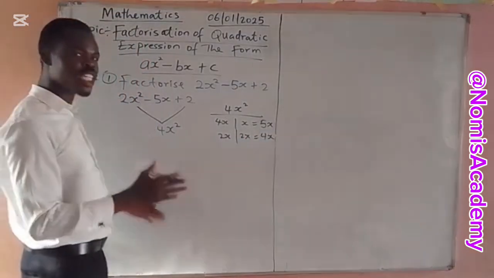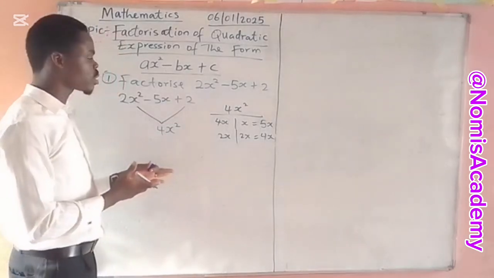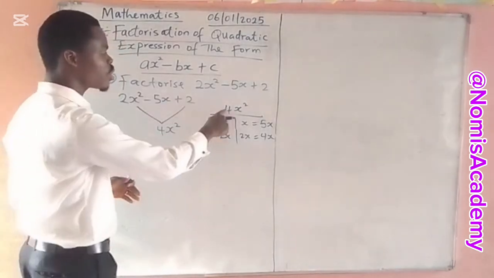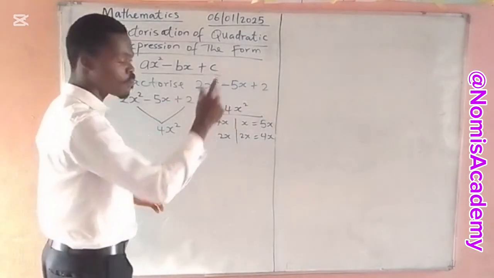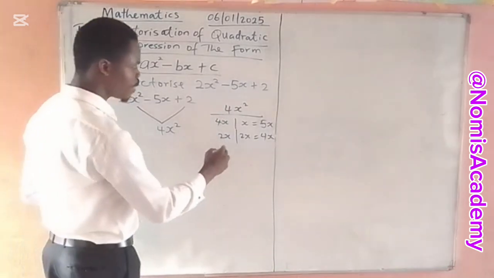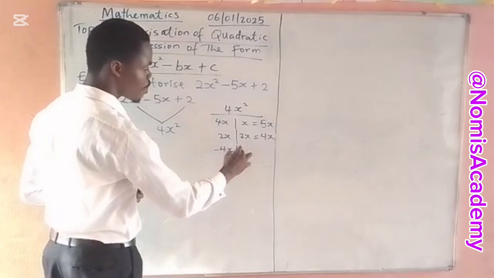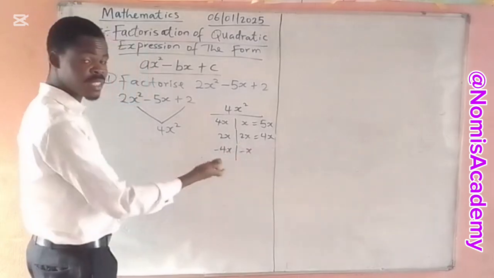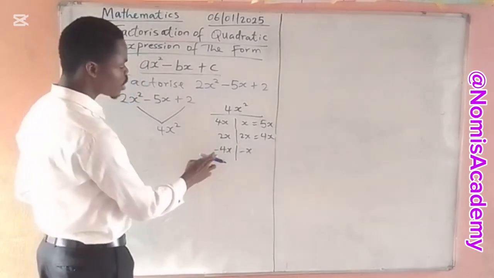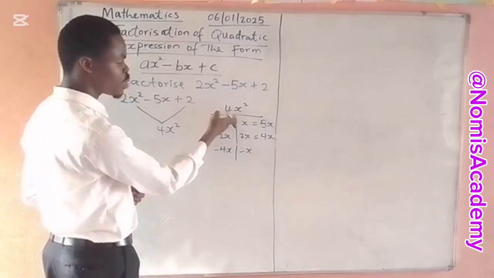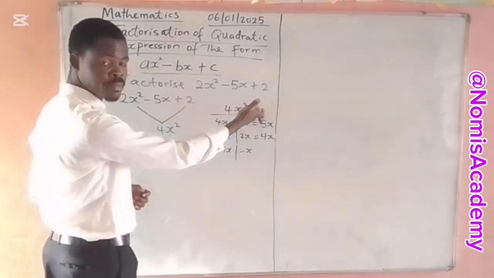So now we are going to check the negative factors. The negative factors of 4x squared. The negative factors will be minus 4x and minus x. These are the negative factors. So minus 4x times minus x will still give me 4x squared.